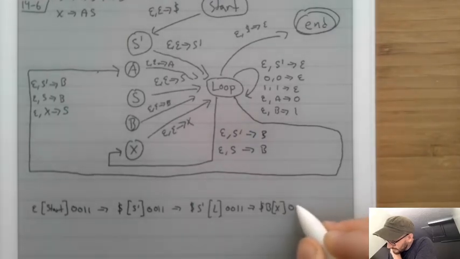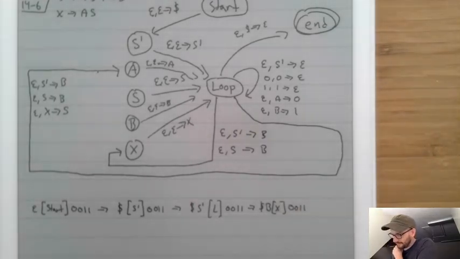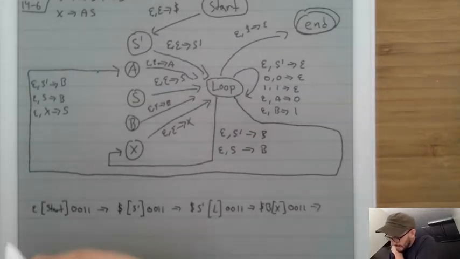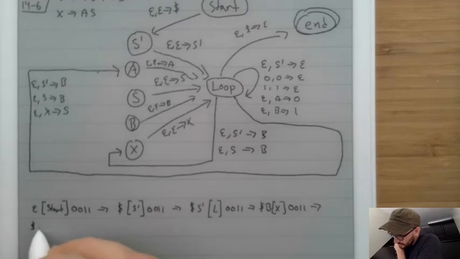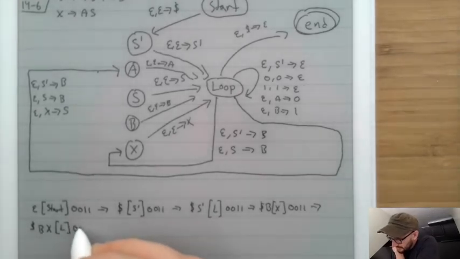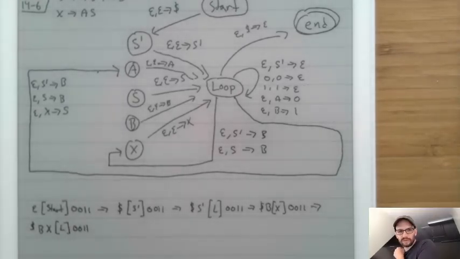and then we have 0, 0, 1, 1. Okay? Well, now we're in the X state, so that means that we're going to go back to the loop state after pushing on an X. So we're in the loop state, and we see 0, 0, 1, 1. Well, now we're in the loop state, and there's an X there.